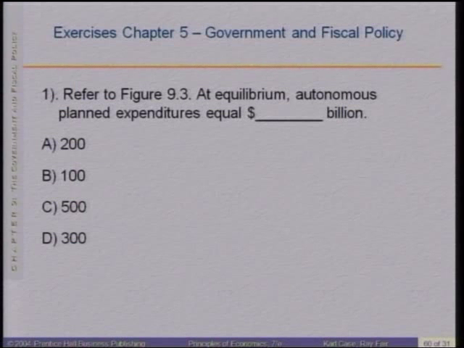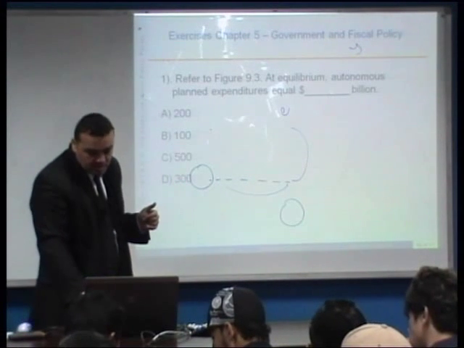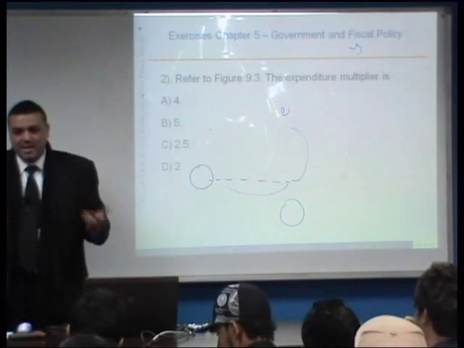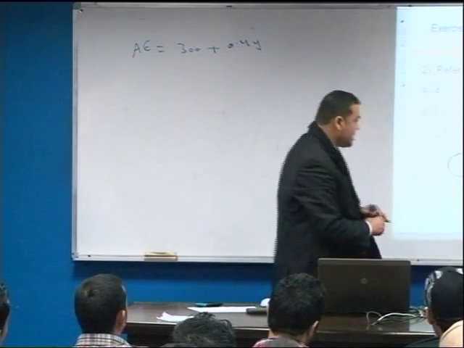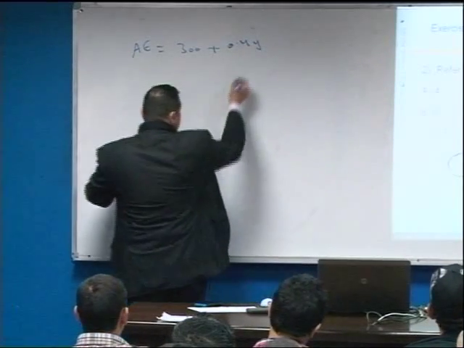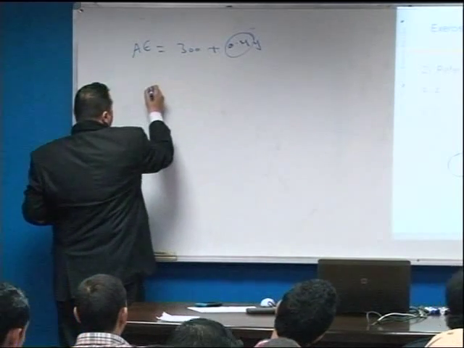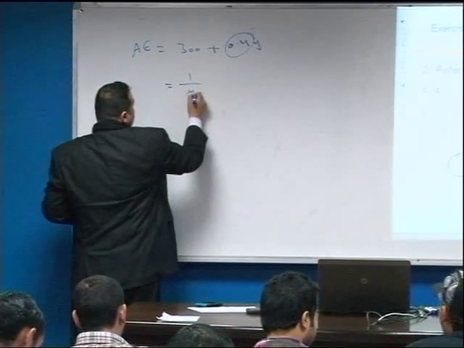Refer to the figure. At equilibrium, the autonomous planned expenditure equals how much? Exactly. The expenditure multiplier or the government spending multiplier is how much? Yes, exactly. So the government spending multiplier equals 1 over MPS.